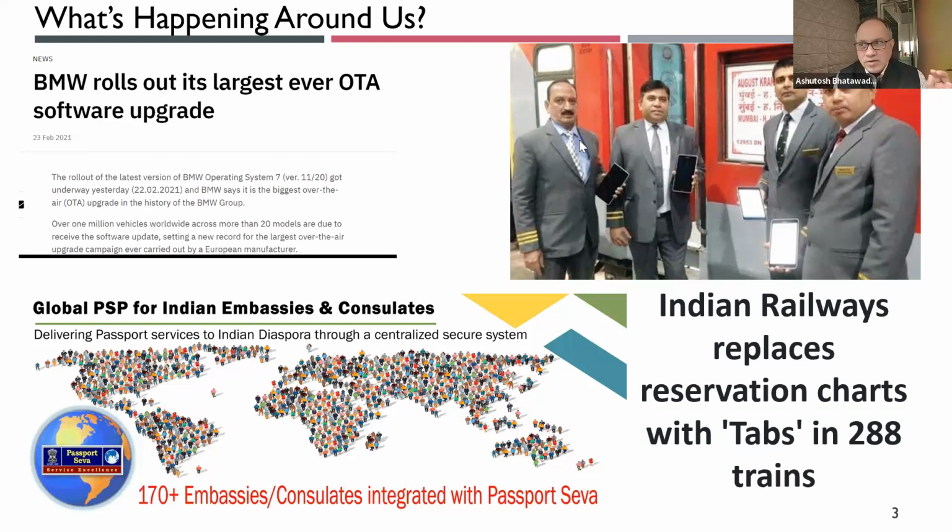Now that's the world we are living in. That is what is happening around us from a business transformation and digital transformation perspective. So business agility is not something which is going to happen in the future. It has already started happening, and many of us might have missed that bus. Many organizations might have forgotten to ride that bus, and they will now find it a lot more challenging to survive in this VUCA or BANI world, as we call it, right?